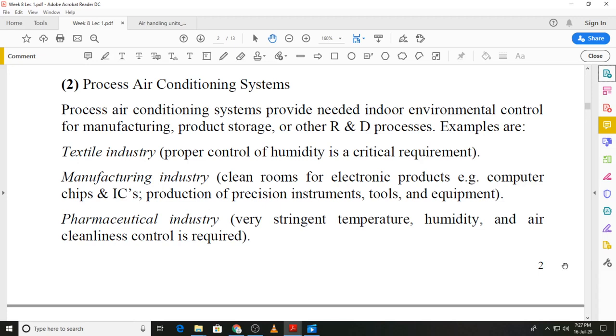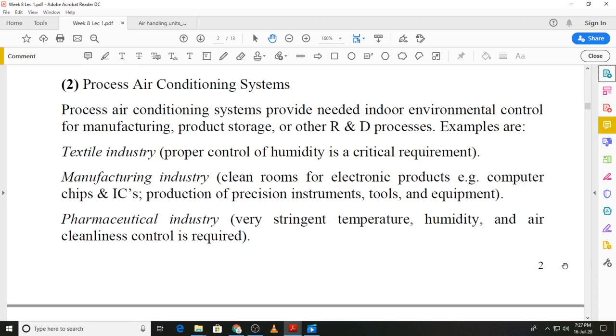Then we have various applications of air conditioning in the manufacturing industry. One very important example is in the manufacture of integrated circuits and computer chips, which require an exceptionally clean environment and a very precise control of the temperature and humidity levels within that environment.